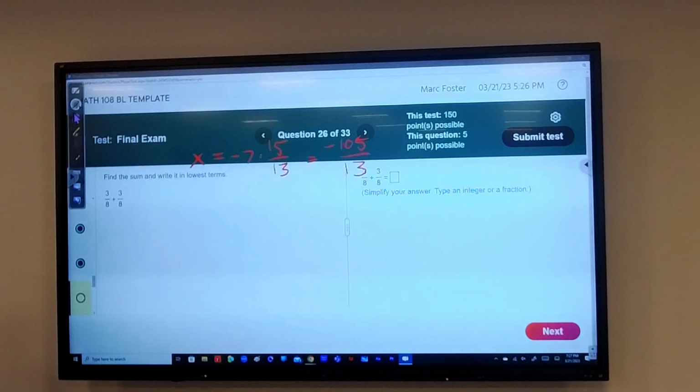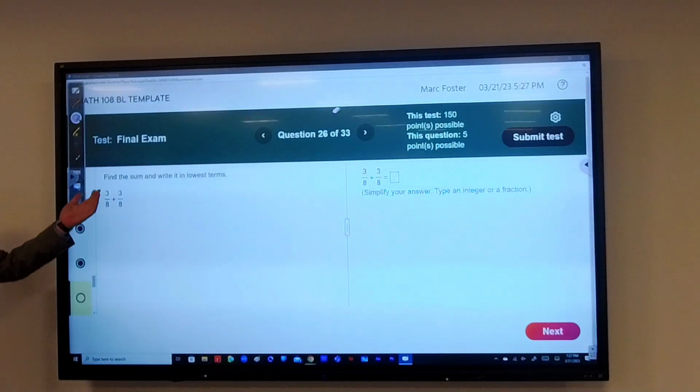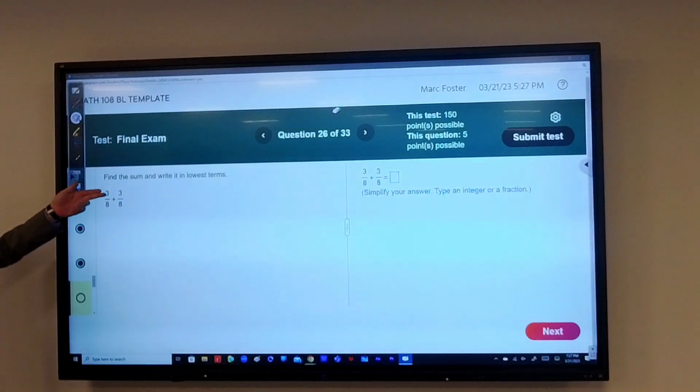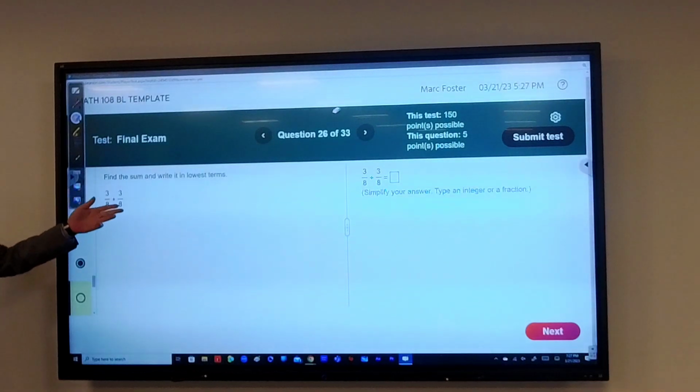3/8 plus 3/8. I see that, and I see the same thing as 3 apples plus 3 apples. 3 students plus 3 students. I mean, this is just saying 3 things plus 3 things.